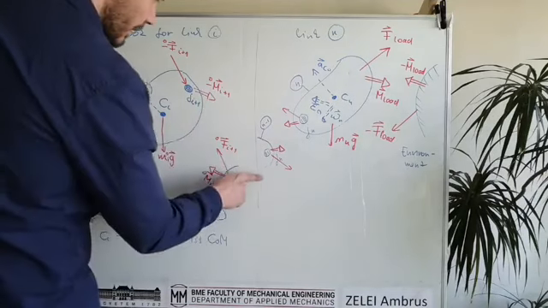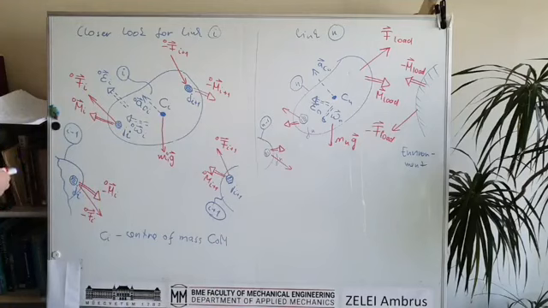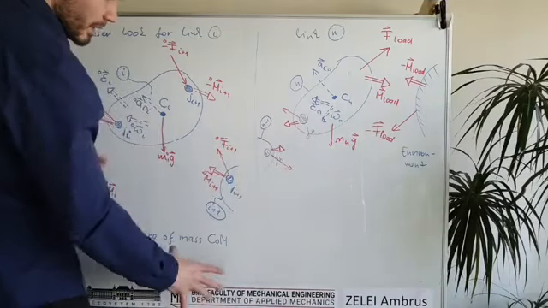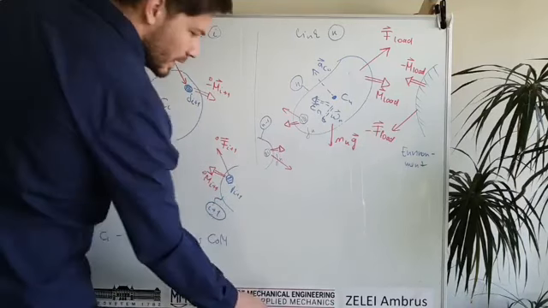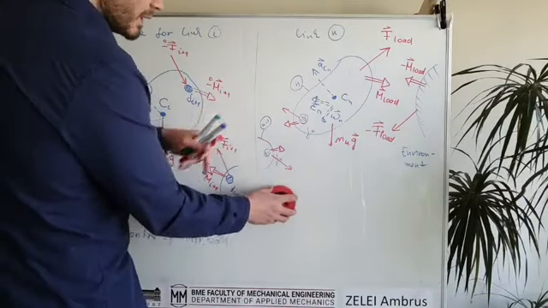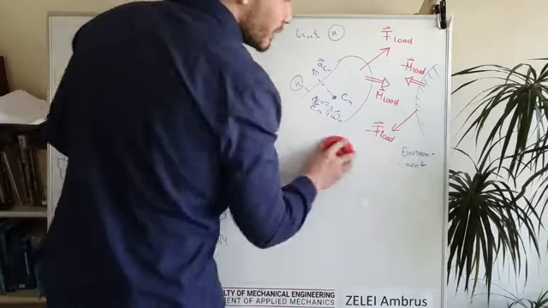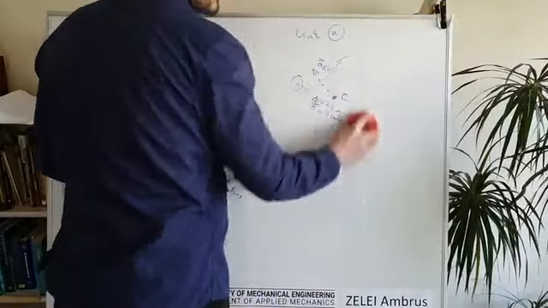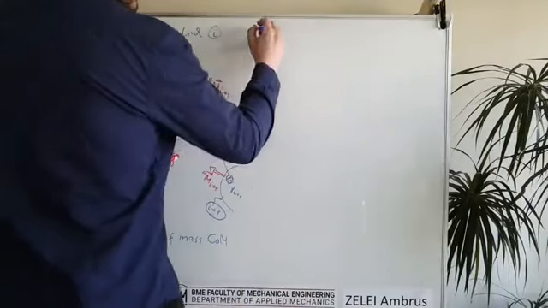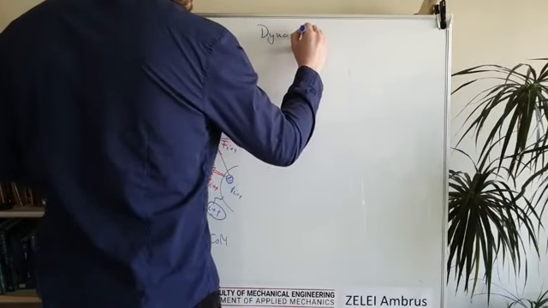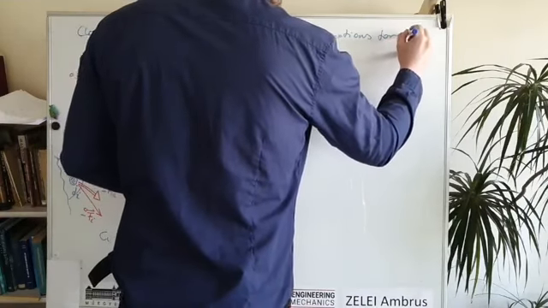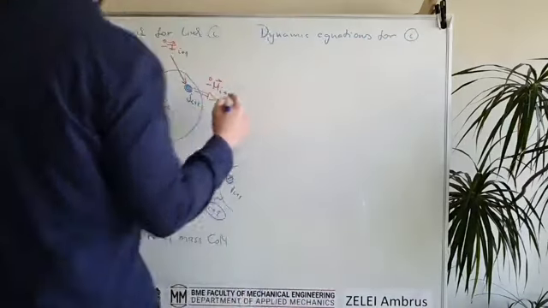So now we are talking about both figures. We will create the equations for this link number i, and everything will be possible to generalize for the last link. So now I get rid of this picture, and let's see the dynamic equations for link number i.